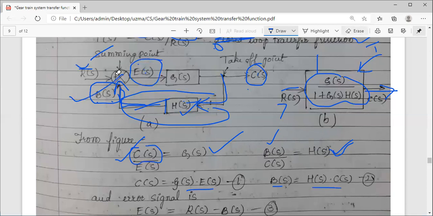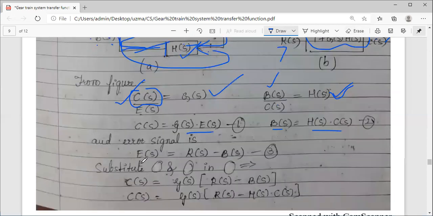You can see there is a round circle here, and inside that there is a cross mark, and plus and minus are indicated, meaning these two signals are subtracted. So R minus B is your error signal. And just now I have seen what B of S is. So I will substitute that.